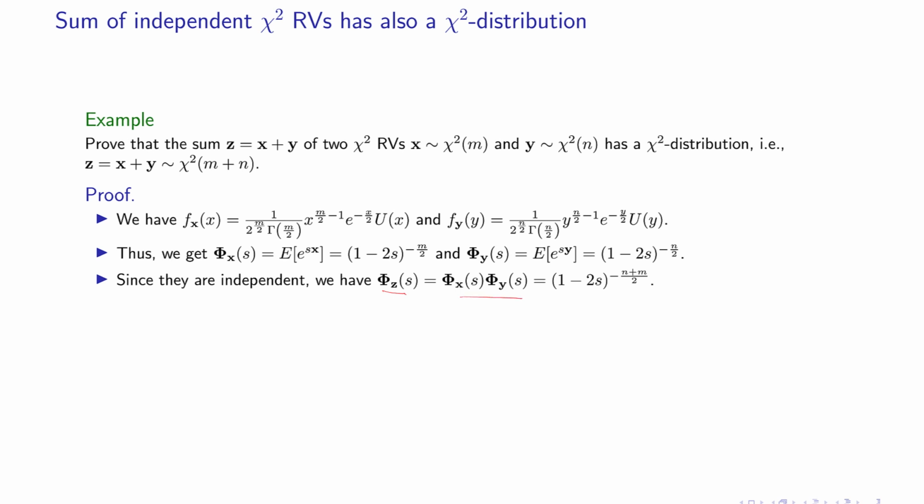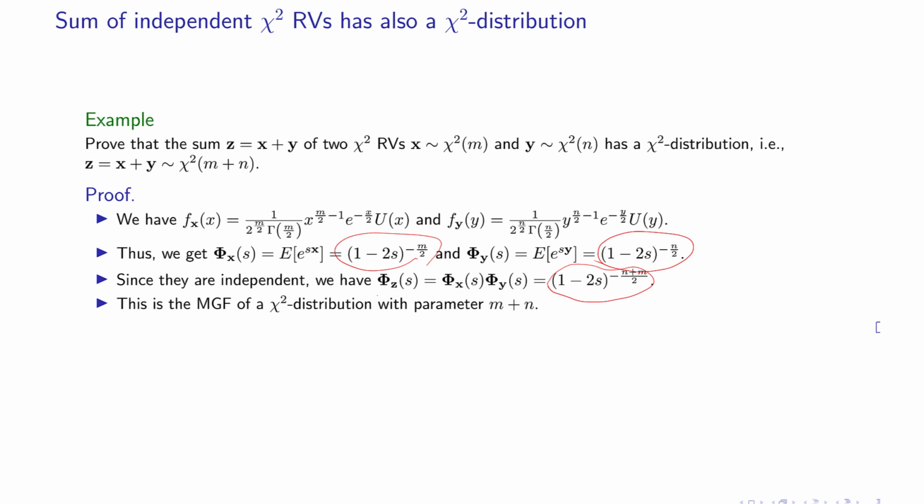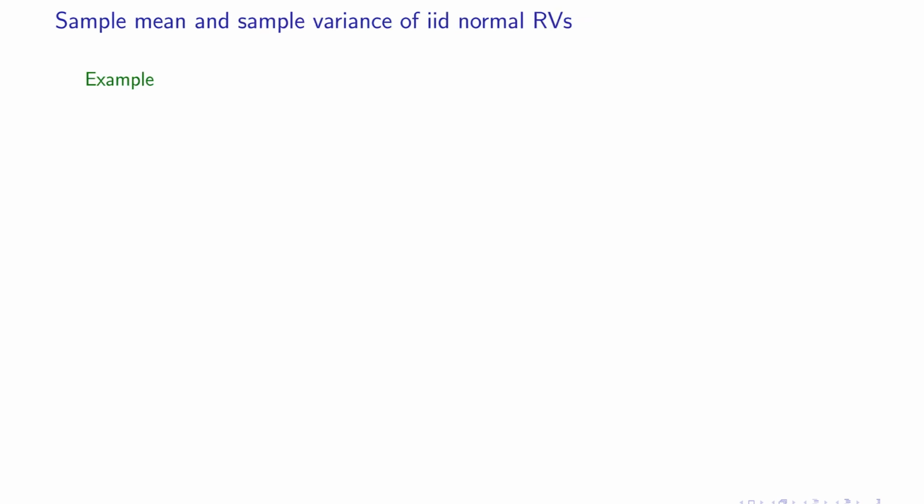If you multiply them, you will see that the degrees will be added together. So this moment generating function also has a chi-square distribution, because you see that this is the same form as this one and the same form as this one, just the degrees are different.